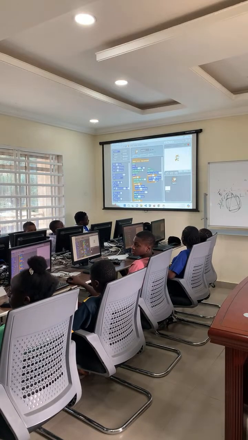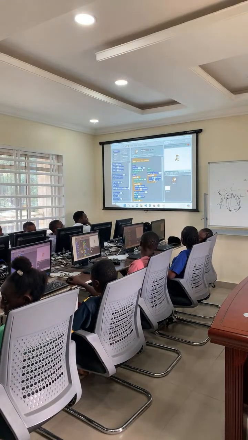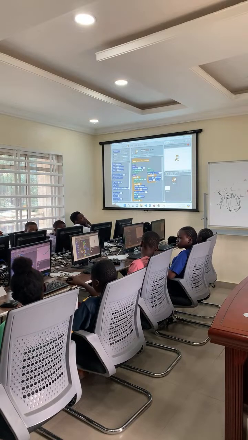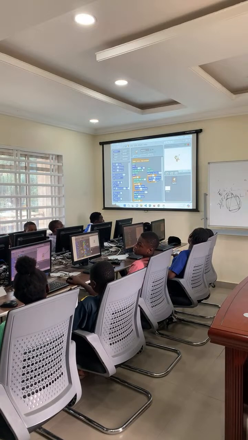Move what? Move minus 90 degrees. You have a block like that. Minus 10. So you should go backward. It seems you like 40 very well. Is that your favorite number? What is your favorite number? Yes.